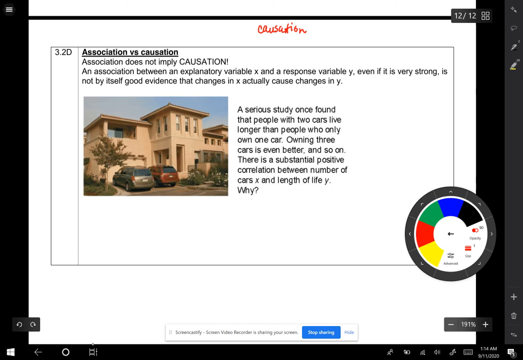causation can be explained when there is an experiment.